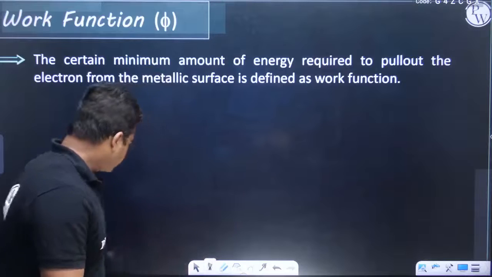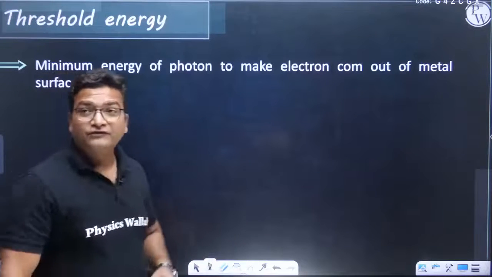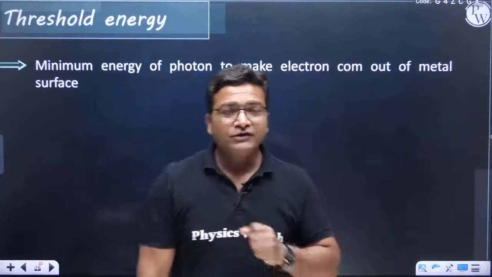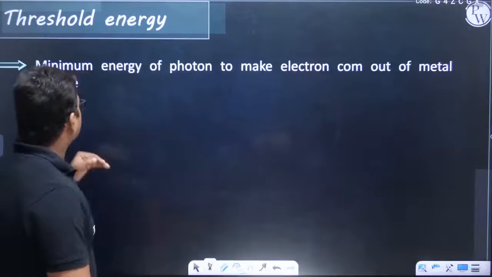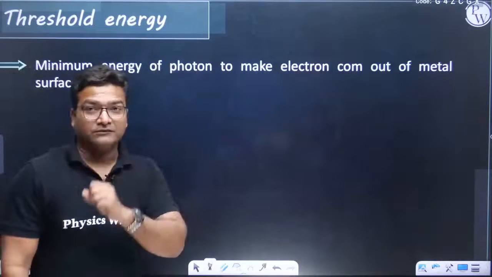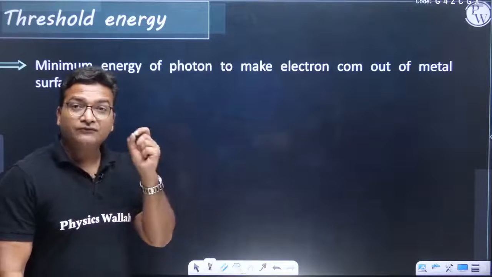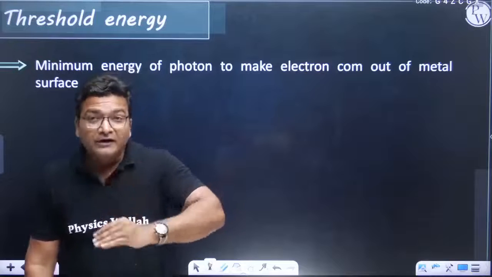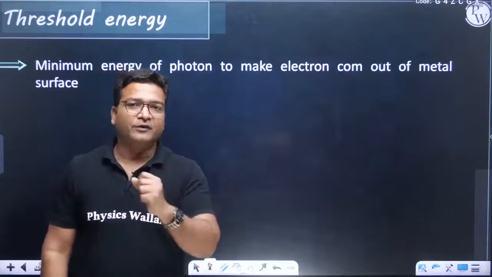The second concept is of threshold energy. What is threshold energy? Threshold energy is the minimum energy of a photon that makes electron emission from a metal surface possible.